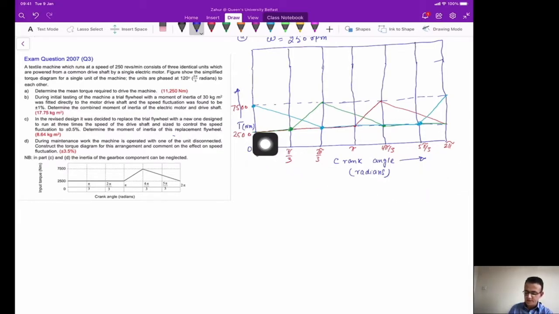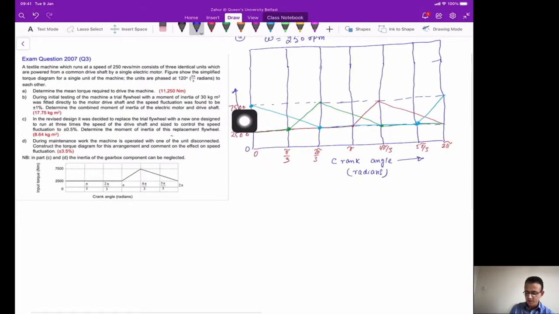As you can see, at the starting point it is 2500. For the two units it is 2500, and for the one unit it is 7500. This means that at this point the torque is 7500 plus 2500 plus 2500. So 7500 plus 5000, which is 12,500.